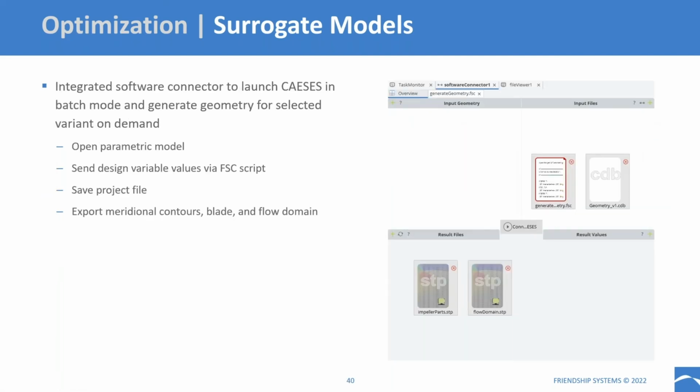So as a final step, we have basically our set of parameters for the optimized impeller variant, and now we can transform it back to a geometry.